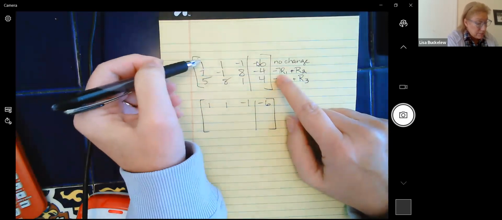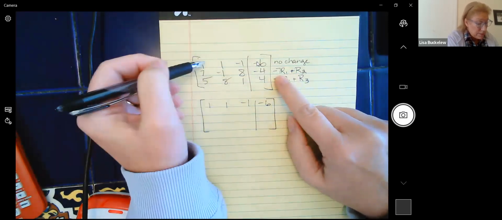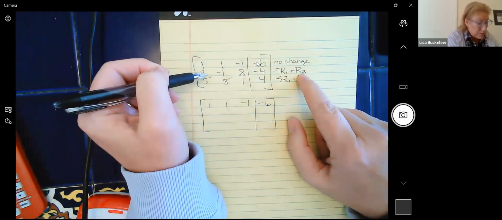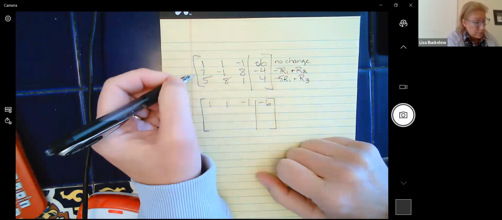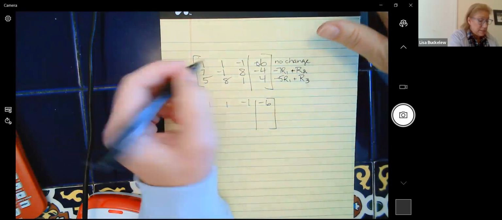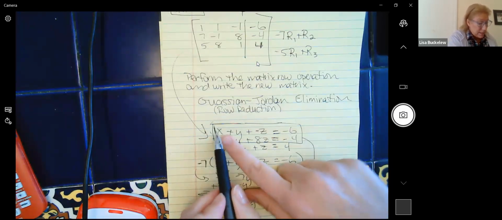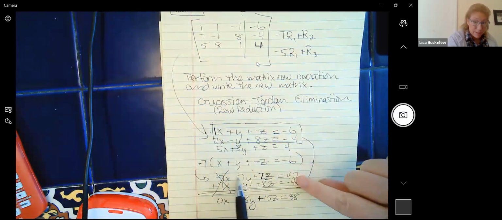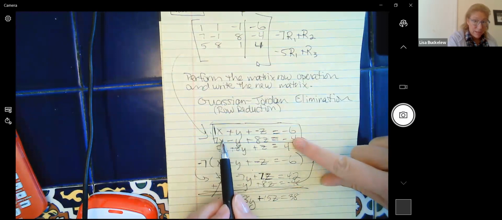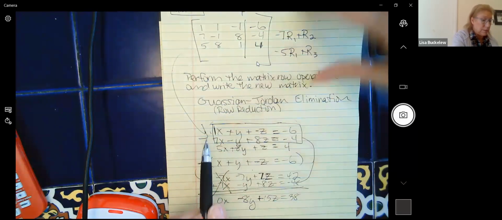This says take -7 times everything in row 1 and add it to row 2. Remember, these are the X columns from what we were doing before. This is exactly the same idea as what I did when I had it all written out. I took -7 times the top equation, which is what this was down here, and then added it to the second equation.